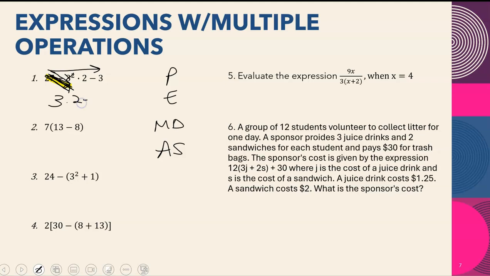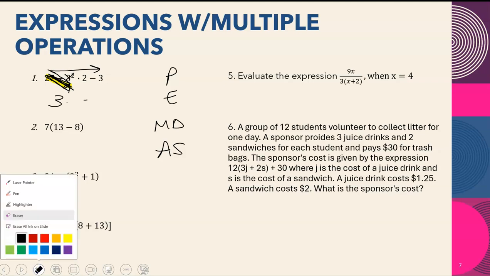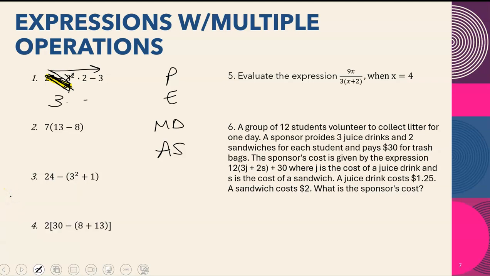In previous years, you probably had to rewrite the whole thing just to show that nothing else changed in the statement. You might still want to do that. The division is all done, but we still have some multiplication going on. 3 times 2 is 6. Now what's left is just 6 minus 3. Our answer there is 3.